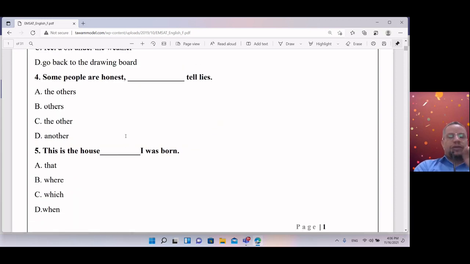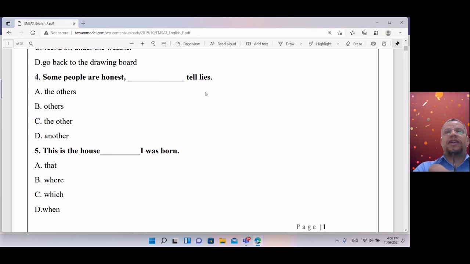Number 4. Some people are honest, comma, space, tell lies. It is not logical to understand that they are only one sentence. No, there are two sentences in one sentence structure. Here: some people are honest, comma, tell lies.